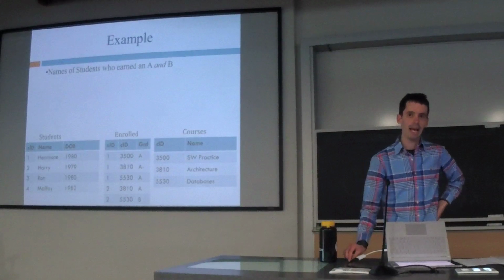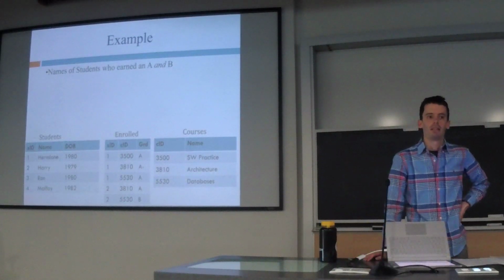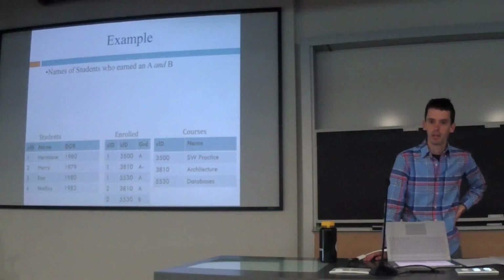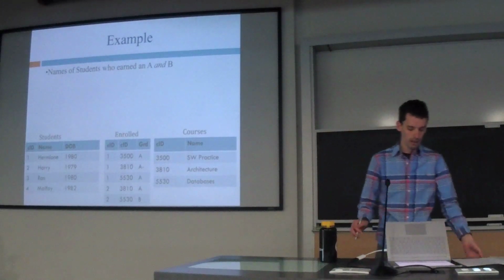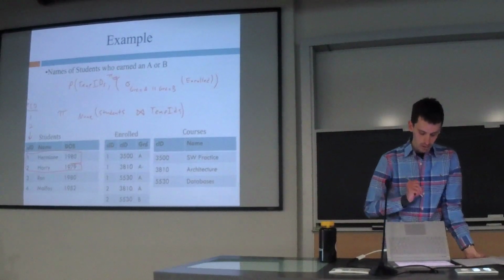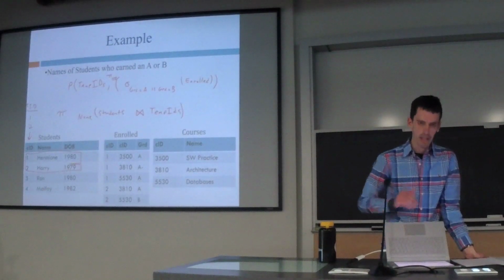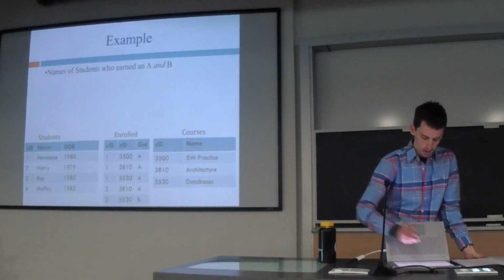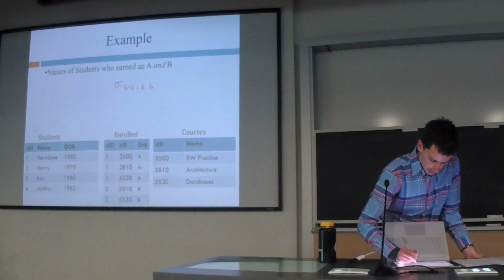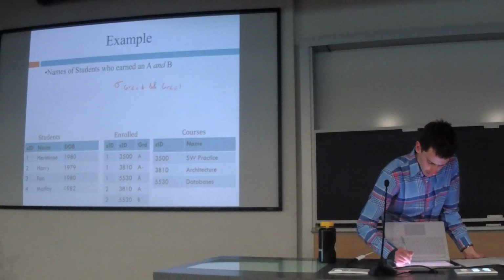Students who have earned an A and a B. So this would just be Harry in this case. You might think, well, let's go back. Our condition was select grade equals A or grade equals B from enrolled. So what if I did select grade equals A and grade equals B from enrolled?